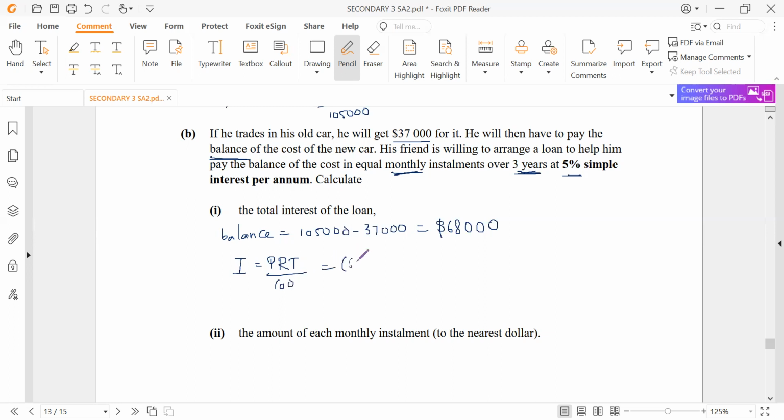So the original amount is $68,000. The rate is 5%, and the number of years is 3 years. So that will be $10,200. That is the amount of interest. Since the question only asks for the interest, that is the final answer.